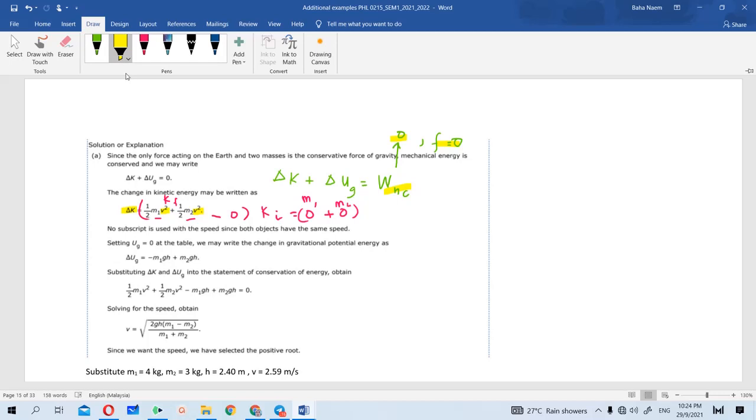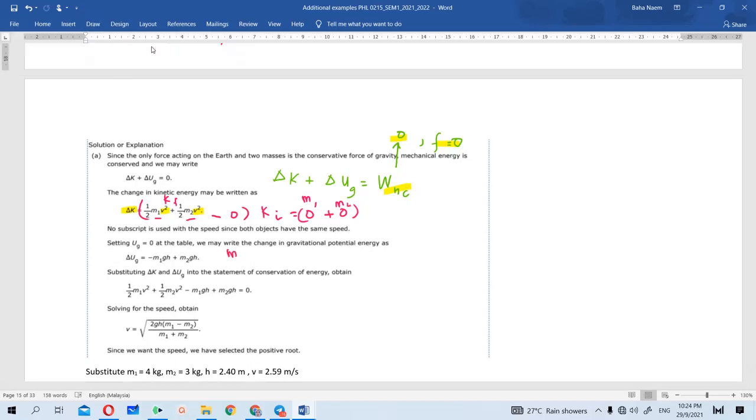Now, how about their potential energy? Observe as well, we consider again mass 1 and mass 2. For the same reason, M1 here loses potential energy, negative, and M2 gains potential energy through the same h.